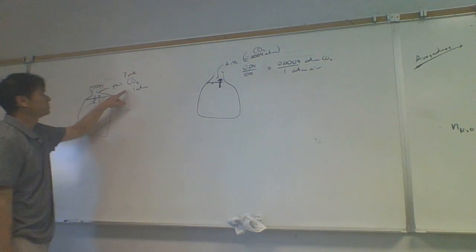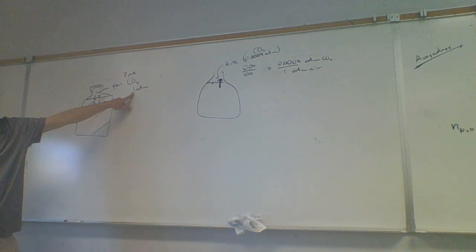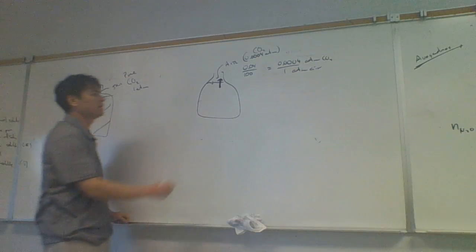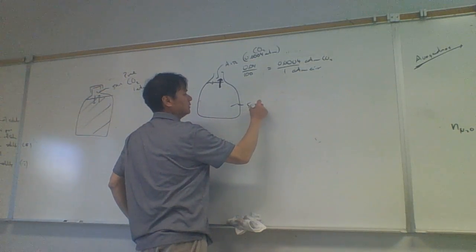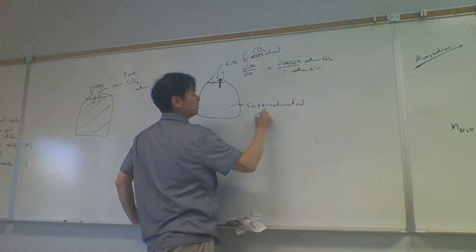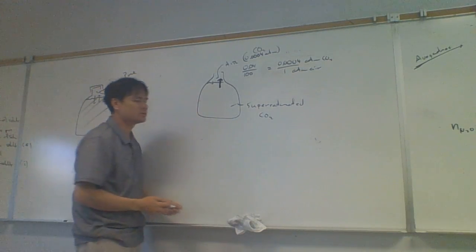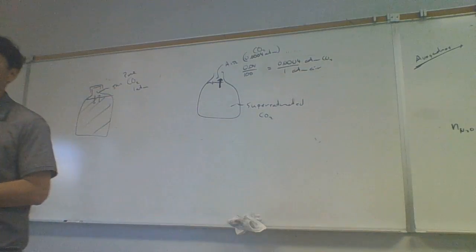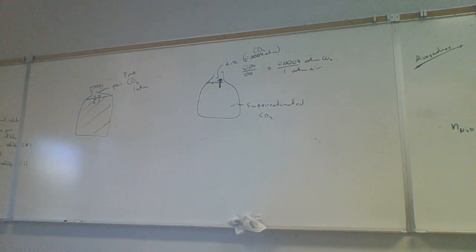How many orders of magnitude? Like 10,000 times smaller. And so what we end up with is a supersaturated solution of CO2. We have way too much CO2 in there than it can withstand, and that's going to degas. Does that make sense?